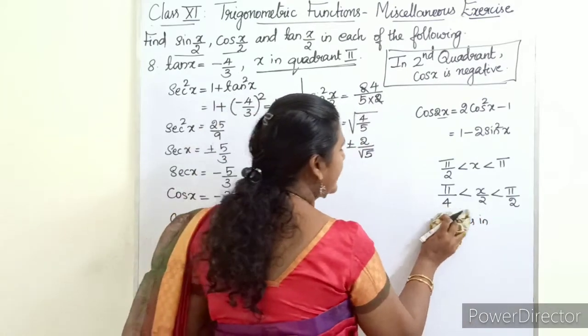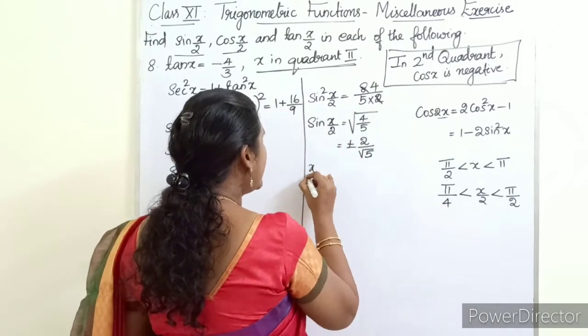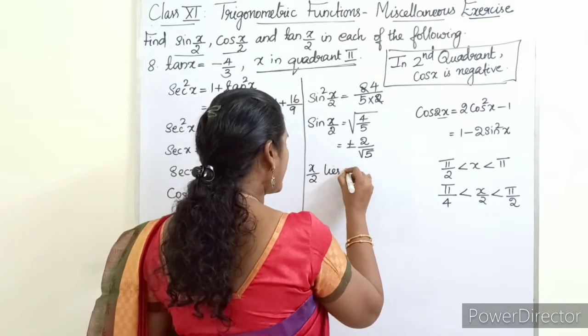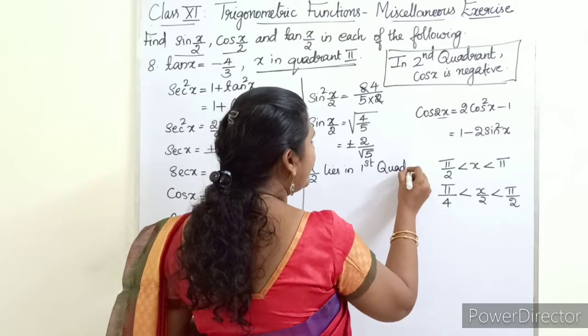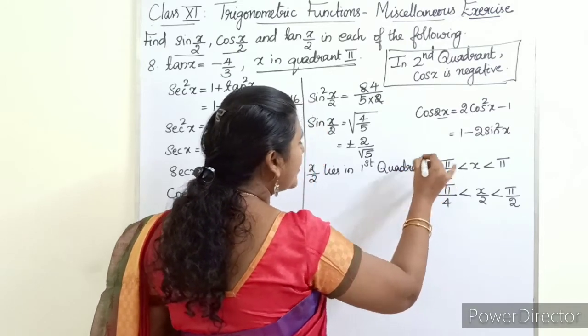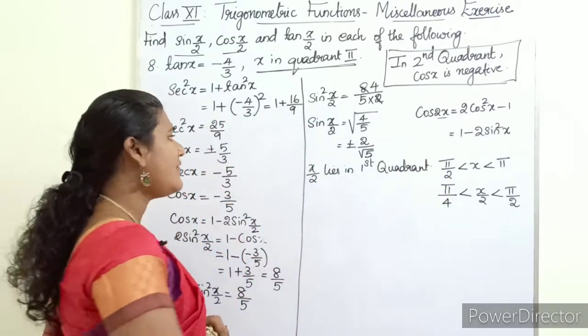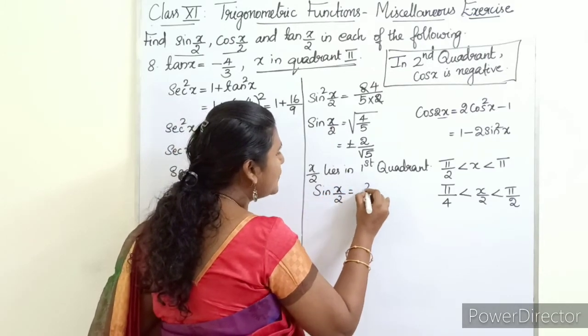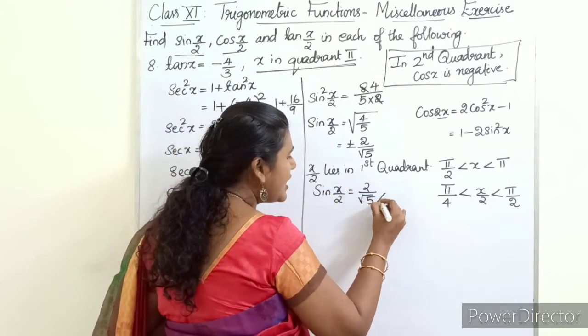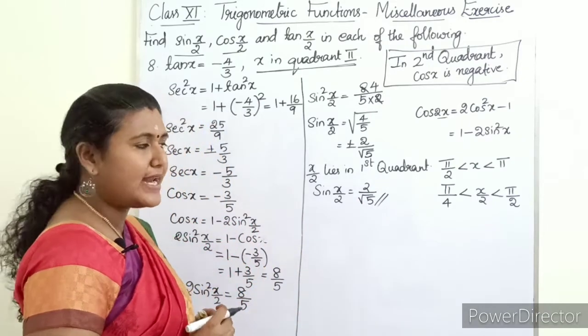In the first quadrant, all trigonometric ratios are positive. So sin x by 2 we will take as plus 2 by root 5. So we got the value of sin x by 2.